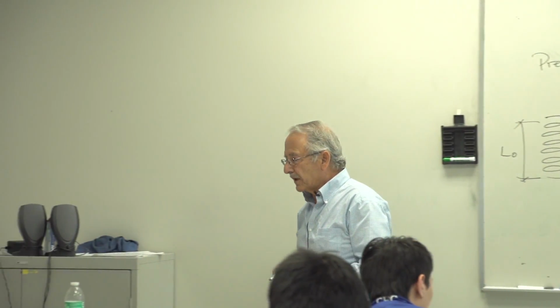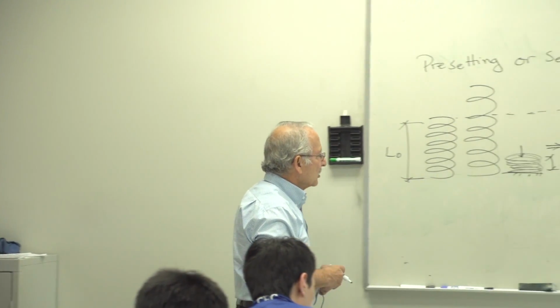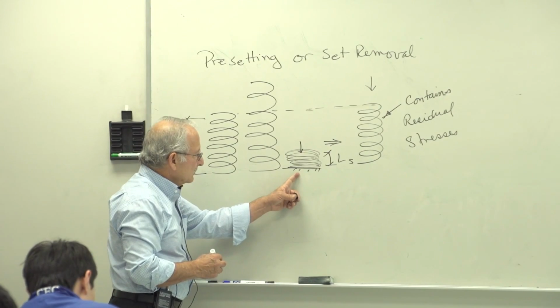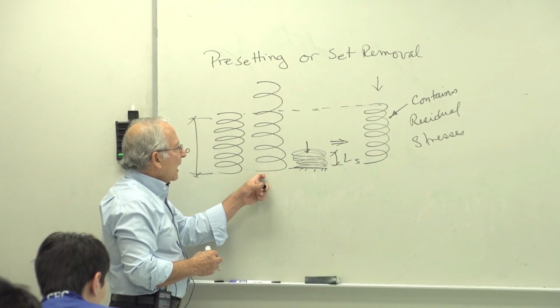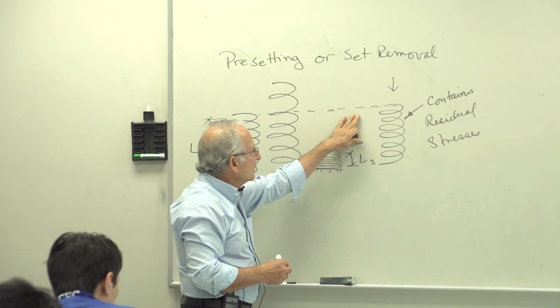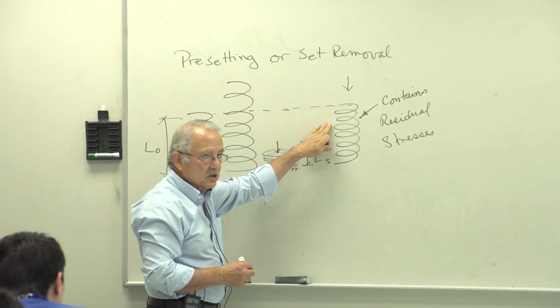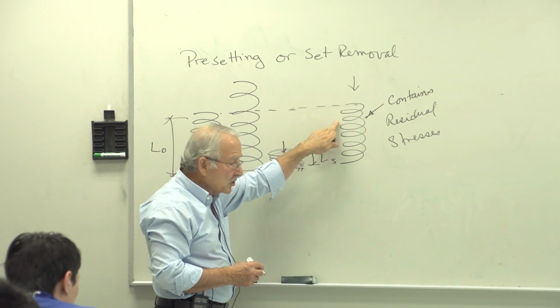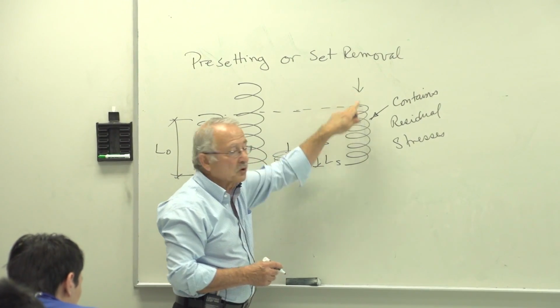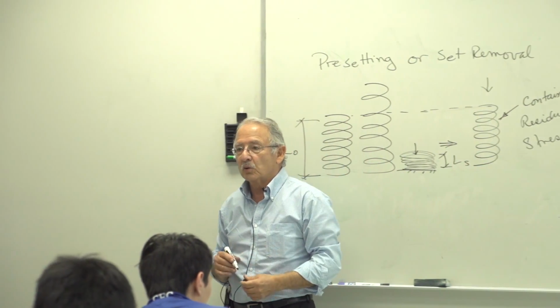So, let me go over that one more time. If you load the material beyond its elastic limit so that there will be plastic deformation in it, and then unload it, the stresses that are set up in this are in the opposite direction of the stresses that would be produced by the loading.